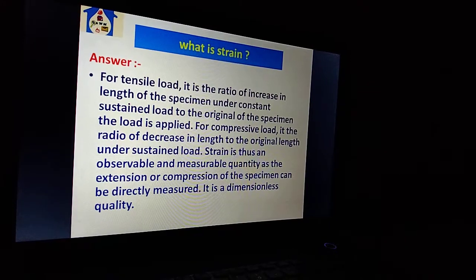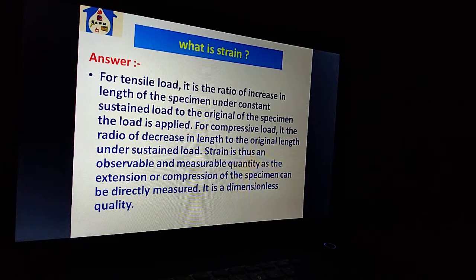What is strain? Answer: for tensile load, it is the ratio of increase in length of the specimen under constant sustained load to the original length of the specimen when the load is applied. For compressive load, it is the ratio of the decrease in length to the original length under constant sustained load.